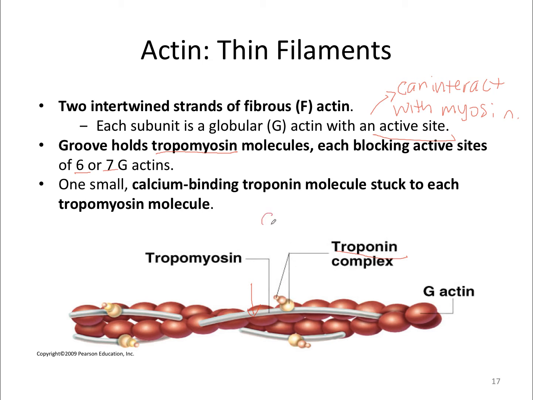Well, calcium comes down and binds to the troponin, and when it does so, it causes a conformational change in the tropomyosin that moves the tropomyosin off of the active sites of the G-actin. So calcium binding reveals the active site so that myosin can bind to actin.